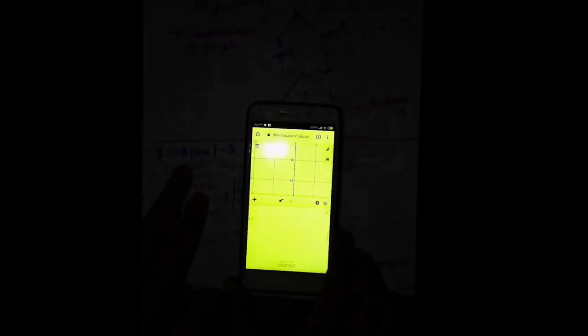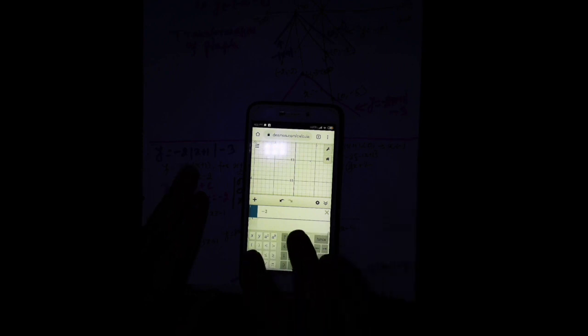I will type this function directly into my graphing software. So I start with minus 2, then the absolute value sign, then x plus 1, I go out of this absolute value sign, then finally 3.